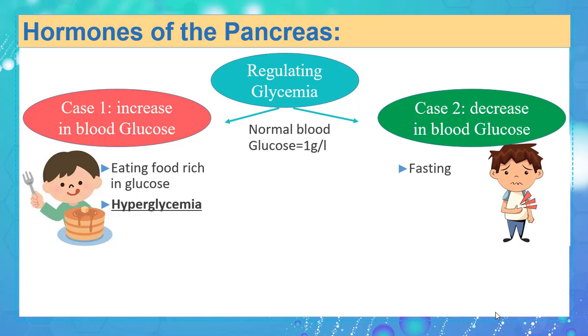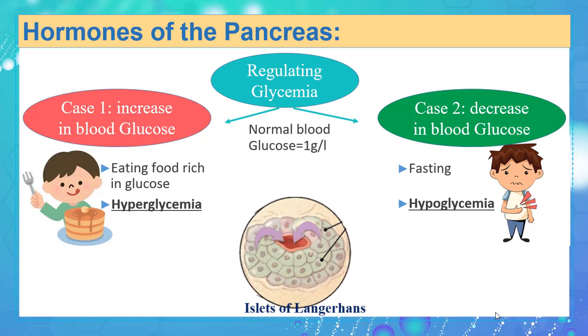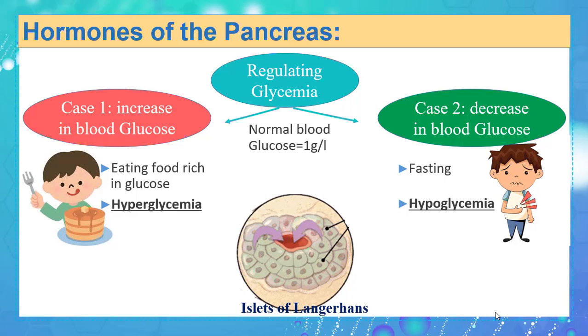Or if you are fasting or hungry or tired from exercise, blood glucose decreases. This case is also called hypoglycemia. Now, because we have two different cases, it's normal to think that the islets of Langerhans can secrete two distinct hormones, one responsible for regulating hyperglycemia and one responsible for regulating hypoglycemia.